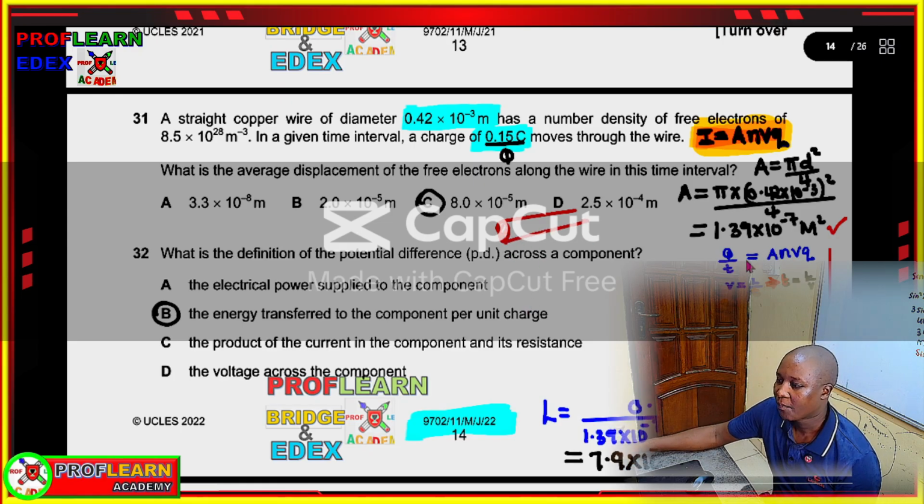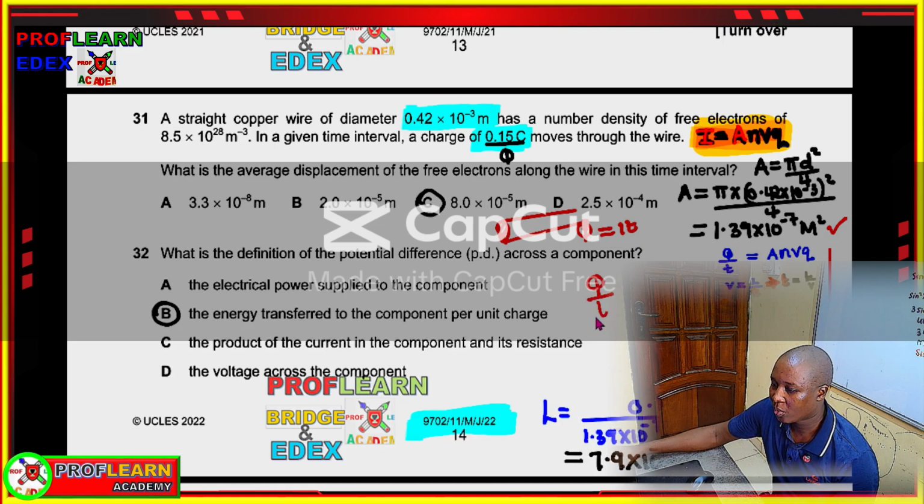Once we have done that, we need to remember that we said we're going to use current is equal to ANVQ, then we appreciate the fact that charge is equal to what? IT. So from charge equals IT, we can say current is equal to charge over time. So I got this formula.